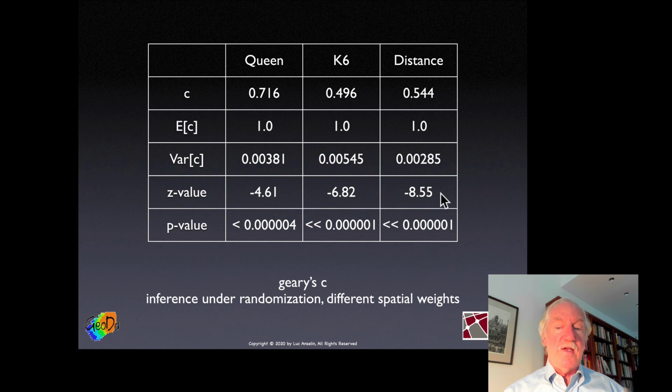And then, just like in the previous example, we see that the distance band indication is actually the strongest indication of positive spatial autocorrelation under Geary C. So again, it's not the statistic as such. You have to keep the statistic together with the weights, and the only way to do that properly is by standardizing the statistic into a z value, which we see here.